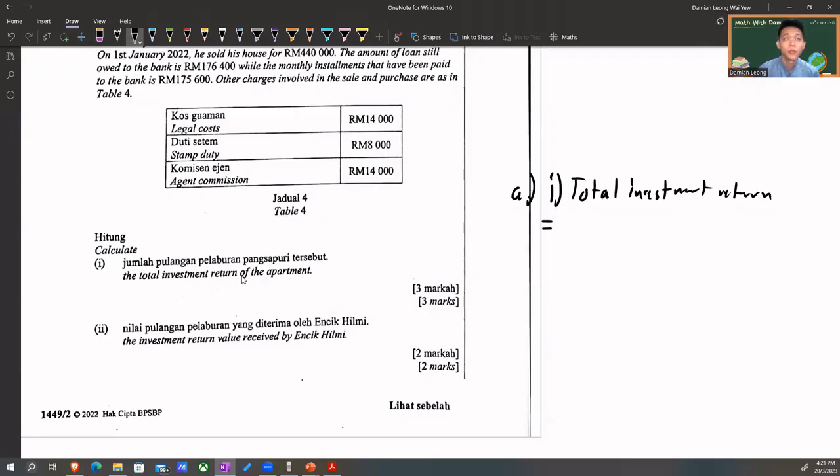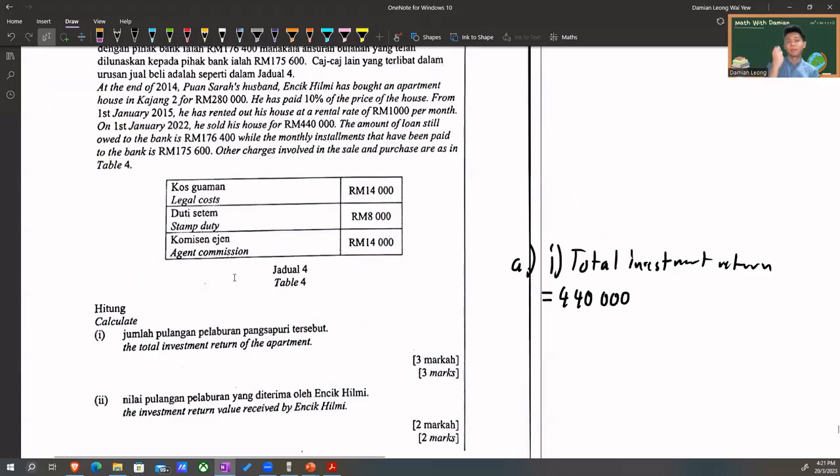We start with 440,000, because that's what he gets from selling. Then I have to minus off everything that he paid. So he bought for 280,000 and he paid 10%, means 28,000 has been paid.